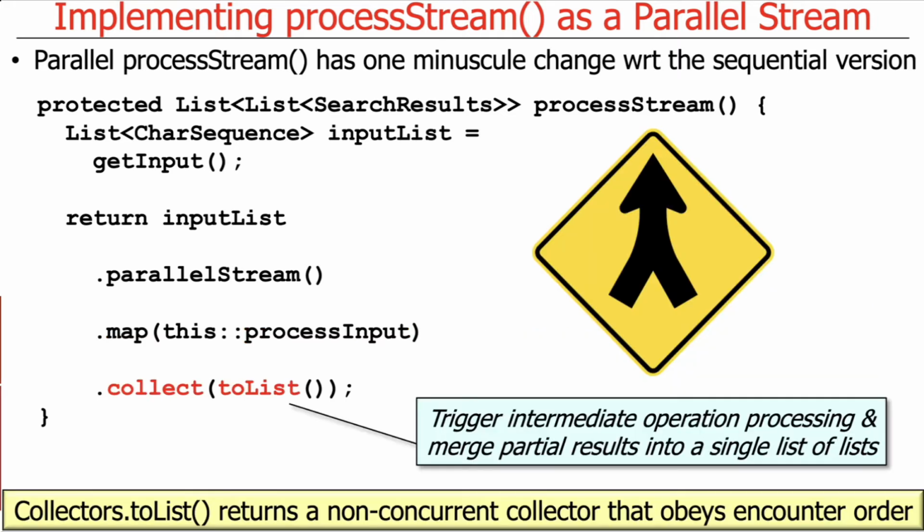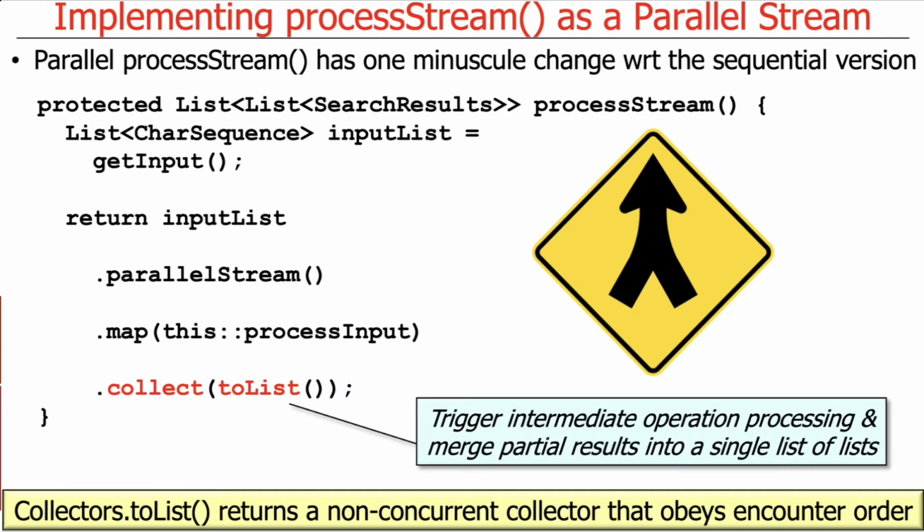And then the last thing we do here is we have collect, which does two things. It triggers the intermediate operation processing, namely the map part, and pulls the data from the input in parallel. And then it also will take the stream, which in this case is a stream of lists of search results, and it will create a list of lists of search results by using the toList collector factory method.